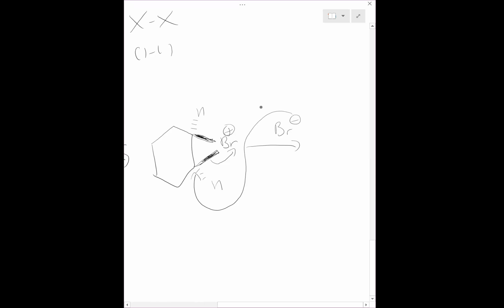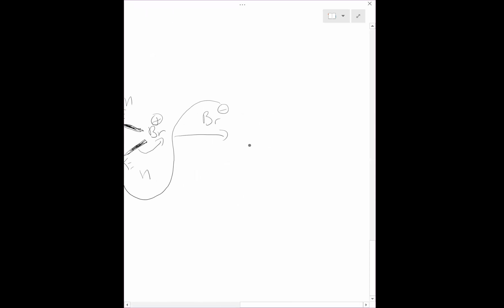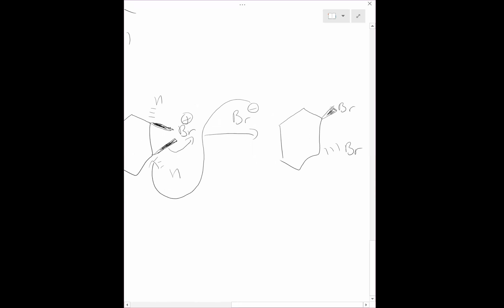So it's almost like an SN2 reaction where it attacks from the back and kicks off at the same time. Because of that, you end up with something that looks like this. Because this attacked from the back, it's like inversion, so it became on a dash instead of on a wedge.